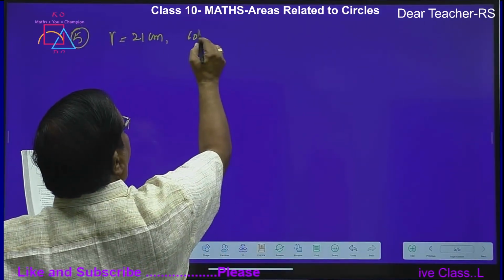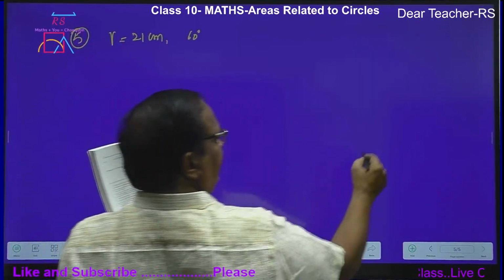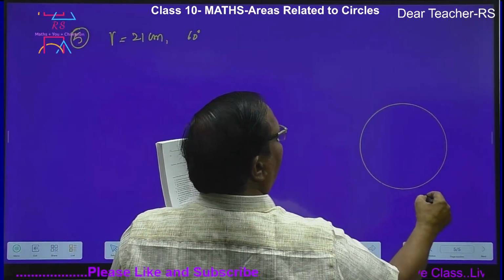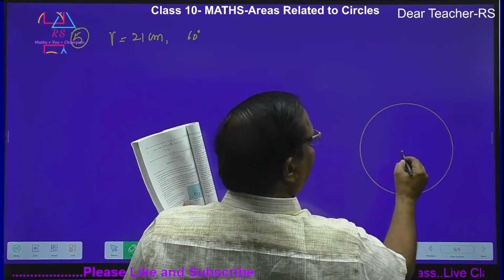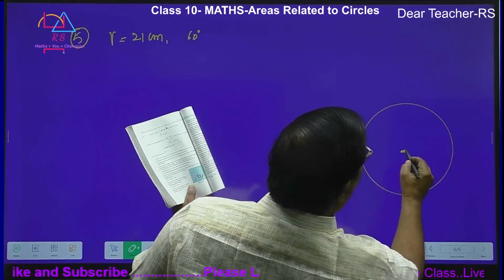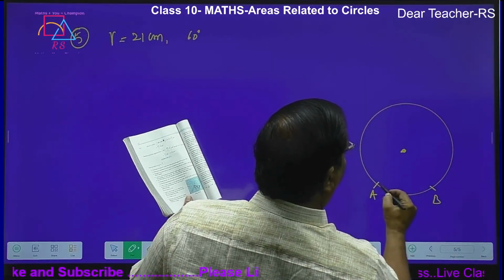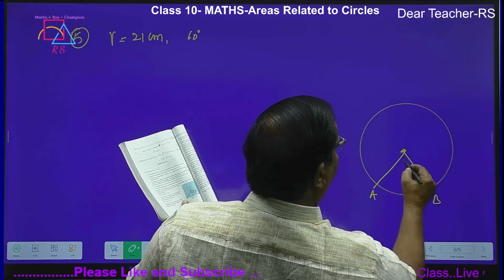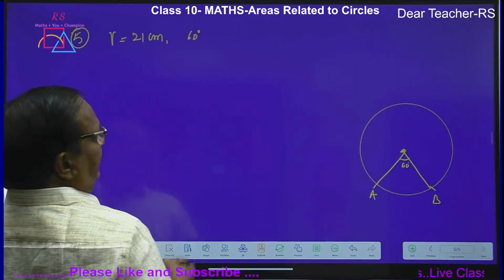So 60 degrees, that means let me draw a circle, okay. This is the arc AB and it is making an angle 60 degrees, theta.